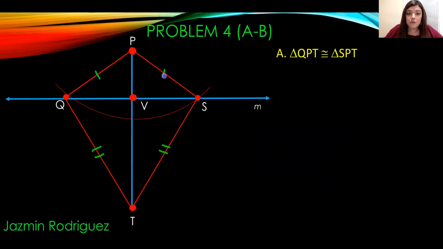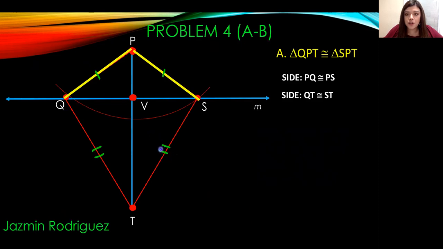So they have already pretty much told us that side PQ, or line segment PQ, is equal to line segment PS. And then they have also given us that these bottom ones are also congruent to each other. So they said QT is congruent to ST. And then we have this line PT, which is shared by both triangles.